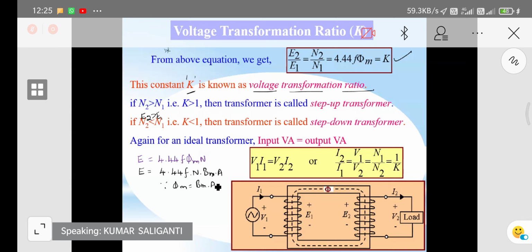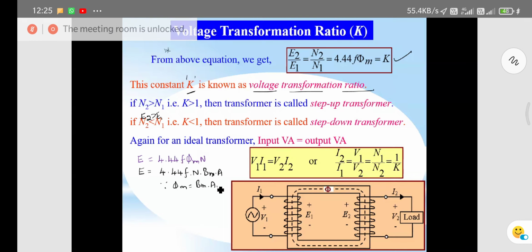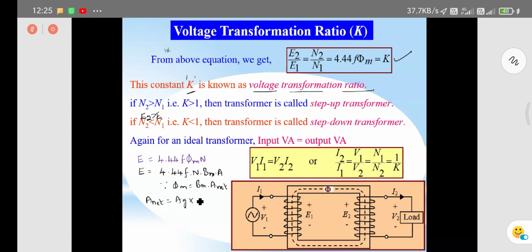Generally, what type of A is it here? This is the net cross-sectional area. The net cross-sectional area is nothing but Ag, the gross cross-sectional area, times the stacking factor.